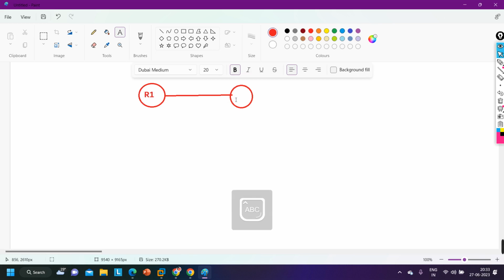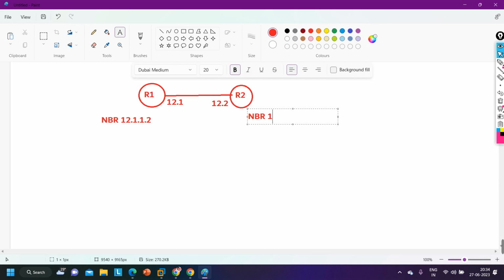In the neighbor table both will make one entry. Router 1 will say my neighbor is 12.1.1.2, and router 2 will also make one entry in the neighbor table. The neighbor is 12.1.1.1. Like this, all link state routing protocols.